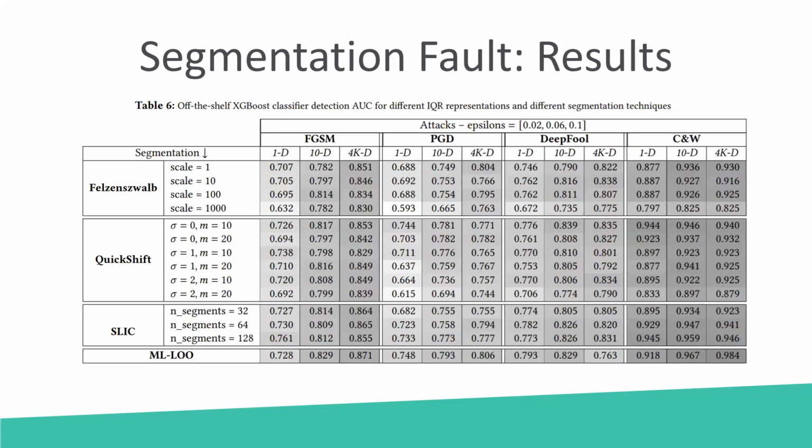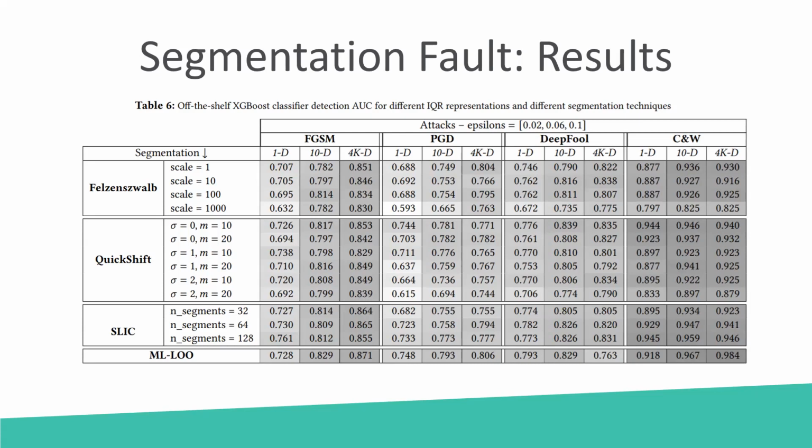Okay. Since earlier we noticed that the XGB classifier always performed better than the other classifiers, we only use the XGB classifier in this part of our experiment. And we recorded the AUC values for different IQR representations and different segmentation techniques.